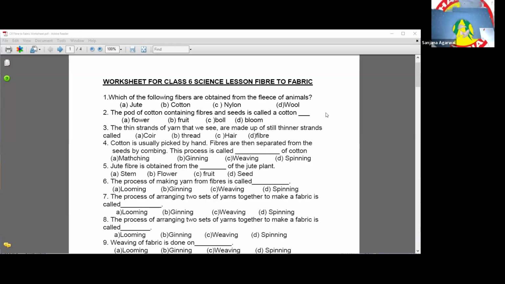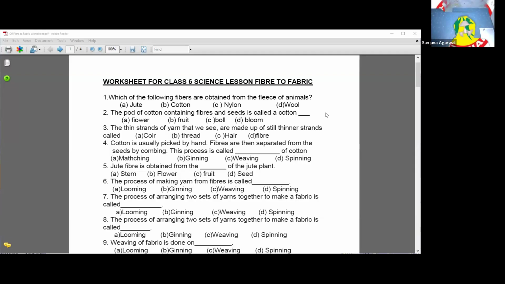Trilokya, process of combing cotton from seeds is called spinning. Sorry, Mom, I accidentally clicked. Correct your answer? Okay, fine.